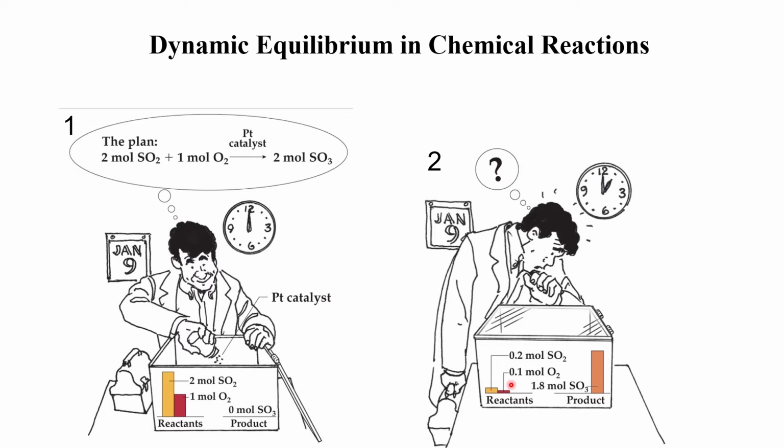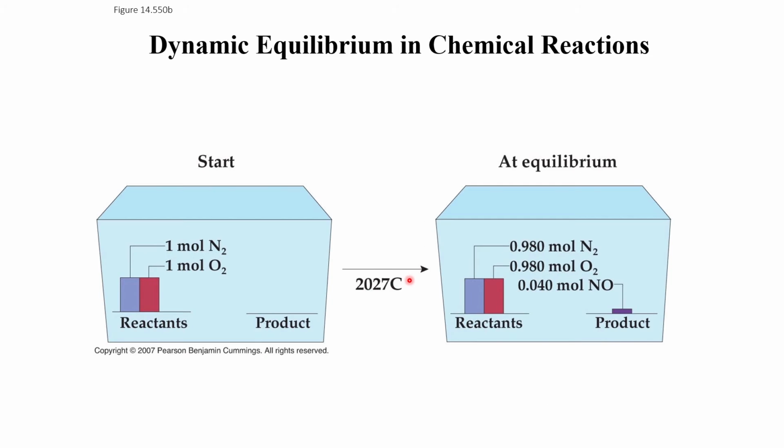If you remember from the previous slide, at equilibrium, the rates of the forward and reverse reactions become equal and the concentrations become constant. So this chemist waited quite a long time to see if there was any change in the concentration of the reactants, but there was no change, and that was the indication that the reaction is actually at equilibrium.